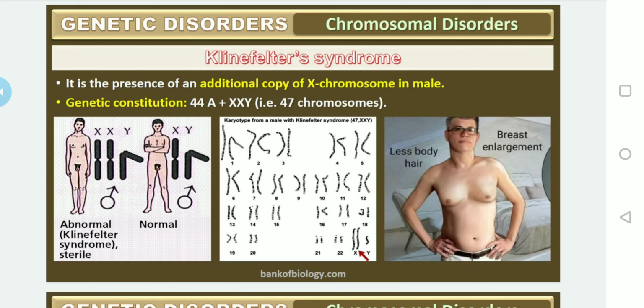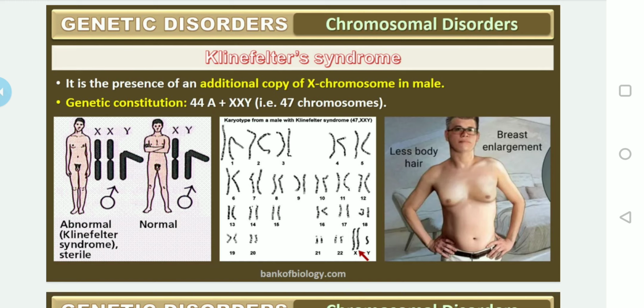The chromosomal complement in such an individual is 44 autosomes plus XXY. Here you can differentiate between the normal and the abnormal Klinefelter syndrome karyotype. Observe properly: by observing this, one extra chromosome has been added.